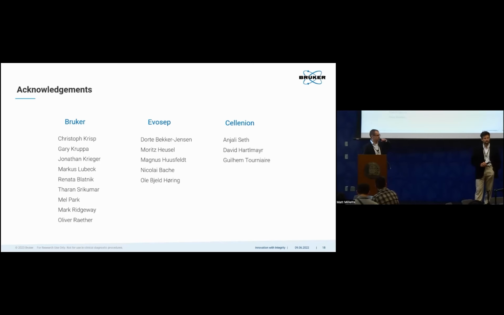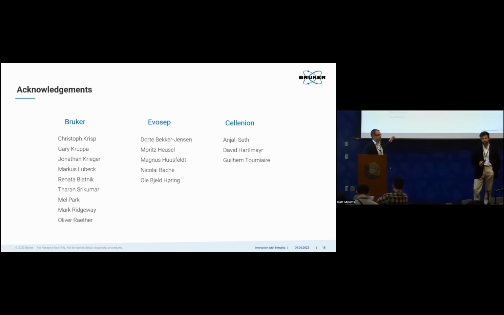The latest models of the TIMS also enable you to have a very high capacity of charge, right? If you could distribute the ions across the TIMS cell fairly evenly, in the latest version of the TIMS cell, you can load about 75 million charges, right?